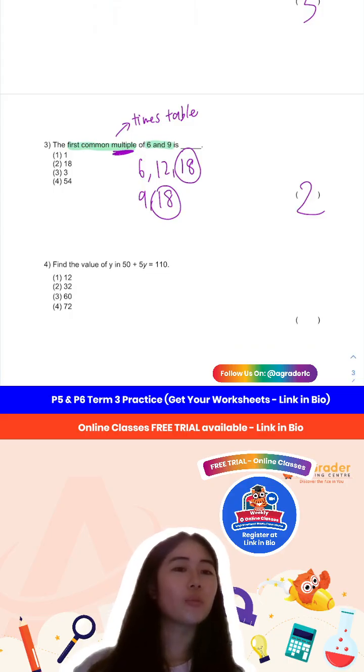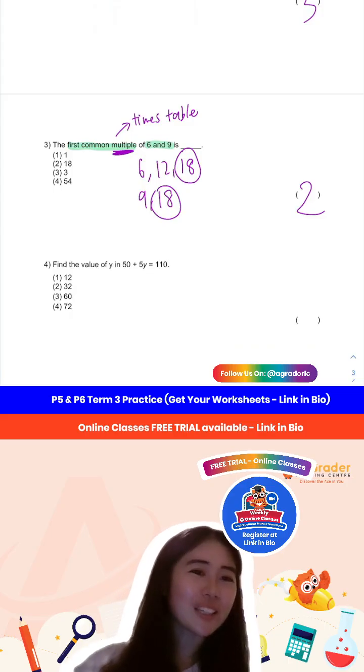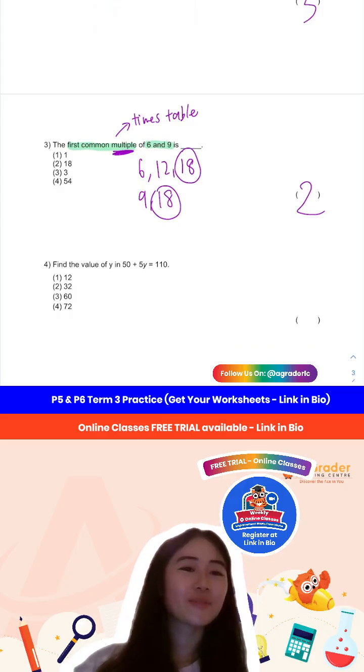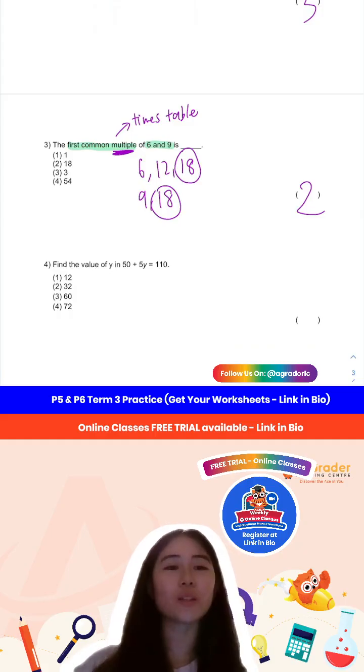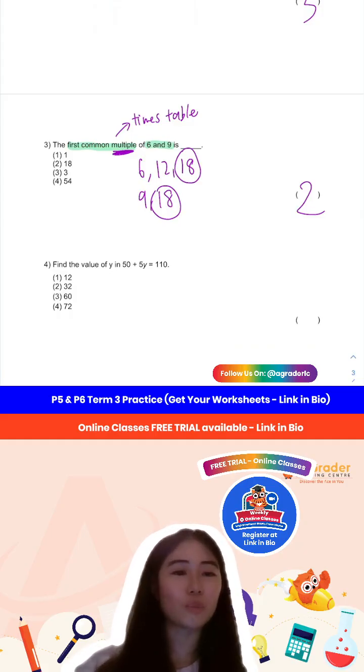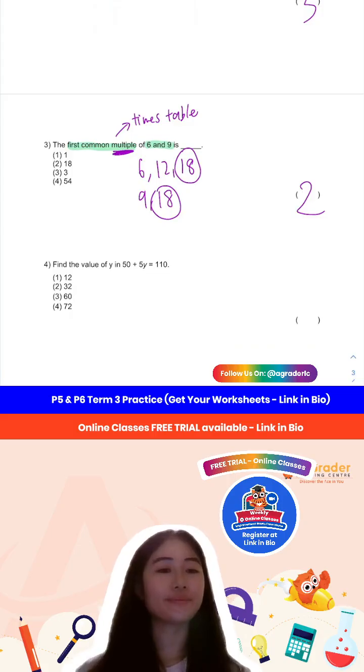Wait, Kit Kat, how come you chose number 3? Are you sure it's number 3? Number 3 would be a factor, right? Not a multiple. Kit Kat, number 2 is the answer, not number 3. Yes, 18 is the answer.